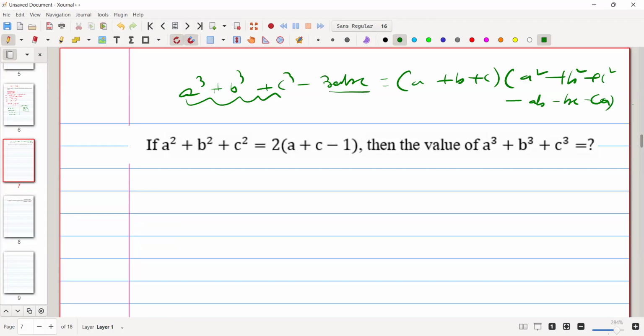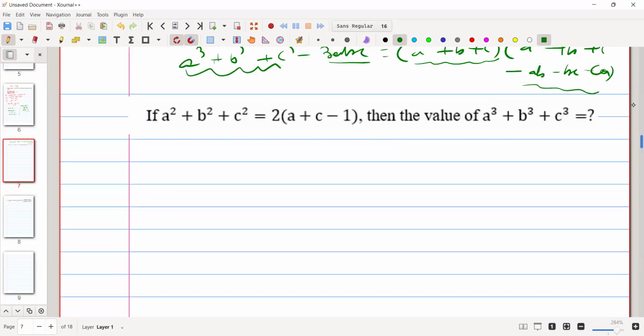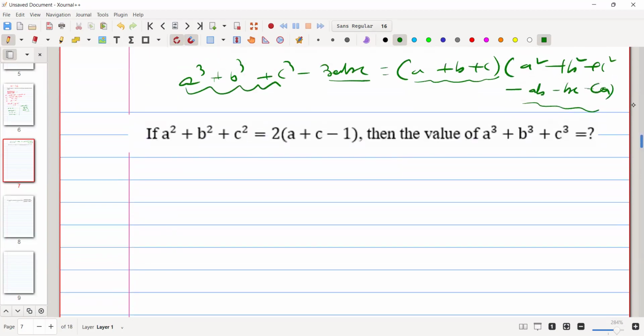So we would need the product and then the sum of a, b, and c, and then this expression. So it will be more problematic to use this formula or this pattern. So there is only one way to find this expression: we have to solve for a, b, and c from the given equation only. So how will we do that?